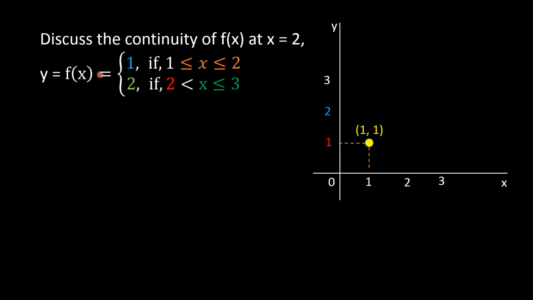The graph of y equals 1 will be a horizontal line which will emerge from the point 1, 1, and since x is greater than 1, it will extend to the positive direction of the x-axis up to the line x equals 2.